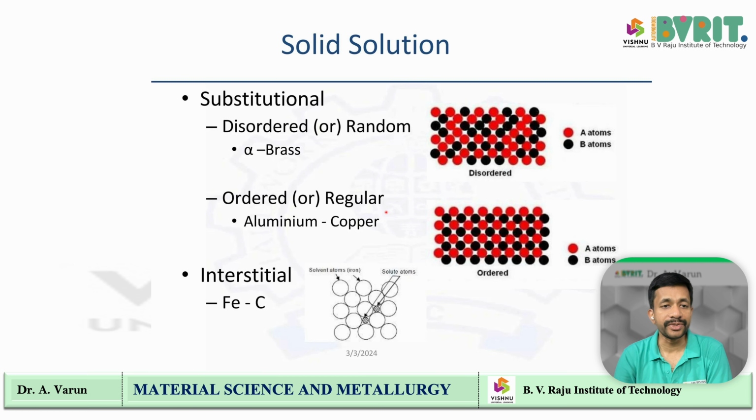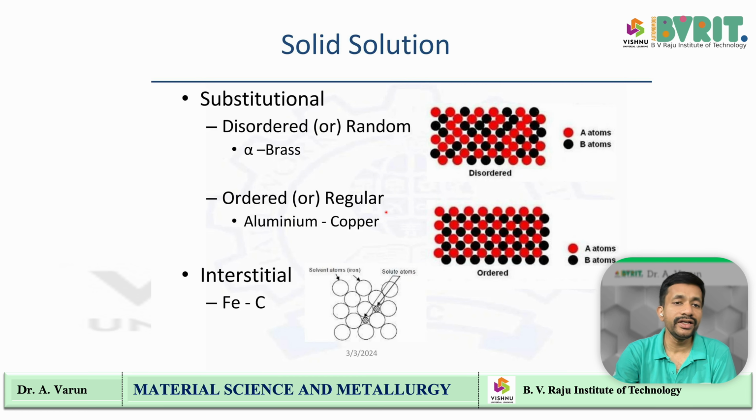So the idea is very simple, like how we have it in the point defects. There, the atoms are not deliberately added. They are present because of a point defect. Whereas in case of alloy, here deliberately, intentionally, we add the element of another nature in order to form a solid solution.